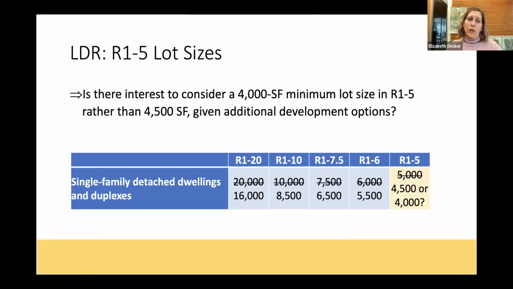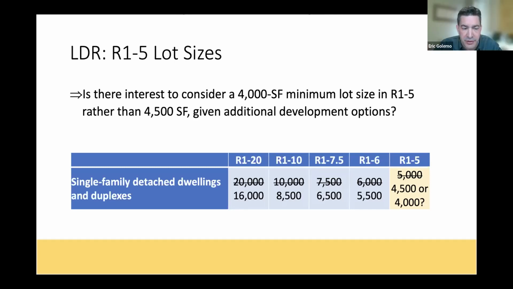Even if it remains 4,500 square feet, there's also going to be the duplexes, the triplexes, the quadplexes, the townhouses, the compact, the cottage housing. So there's lots of ways to do development in that zone on less than 4,500 square feet per unit. But this is the standard that would be the outright permitted for one single family detached home. So curious to get any feedback about whether there's further refinement.